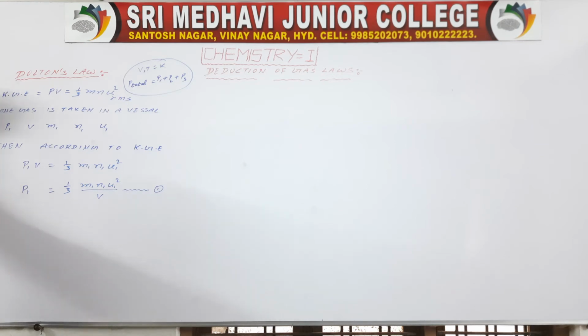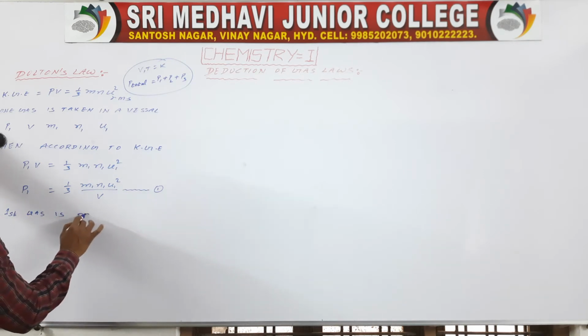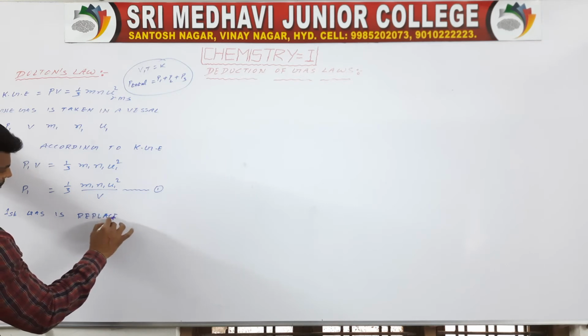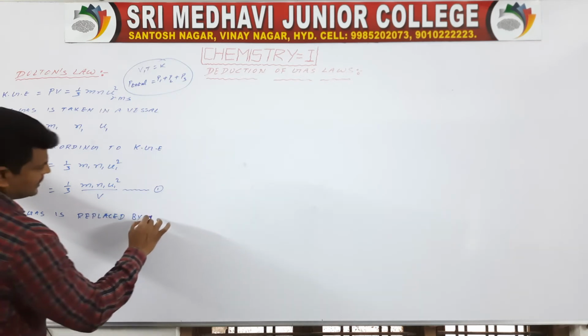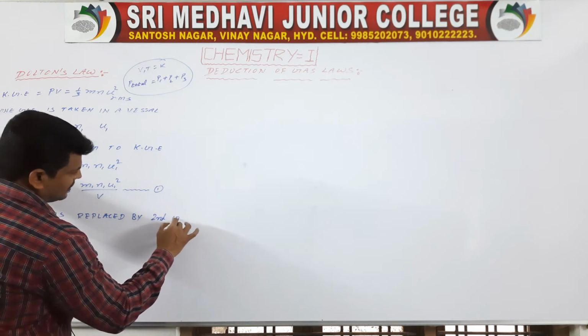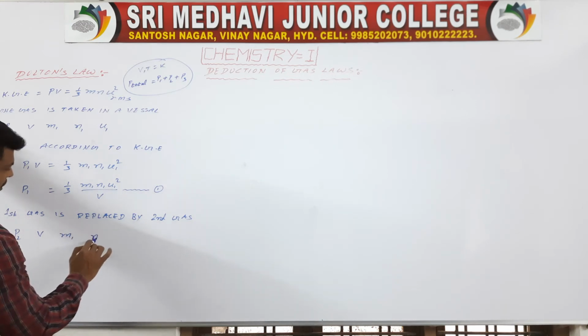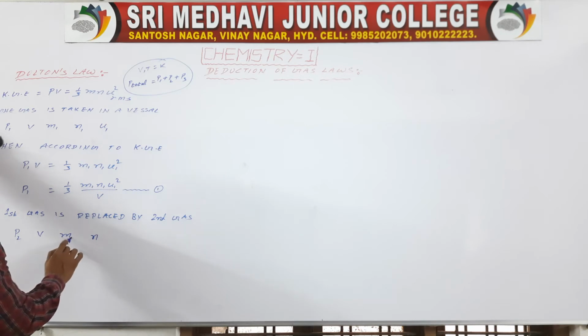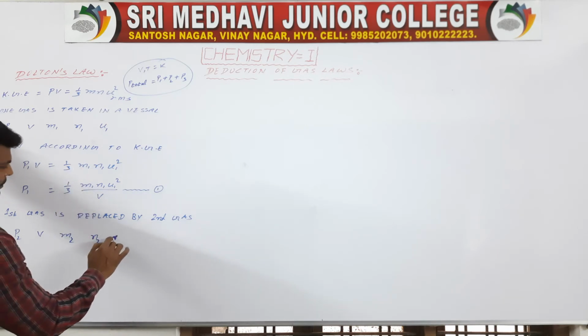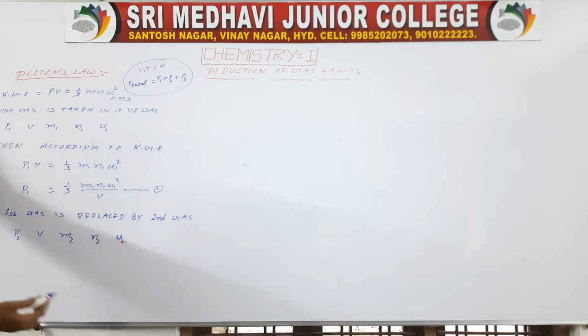Then this first gas is replaced by a second gas, which has pressure P2, volume V, mass of one molecule m2, number of molecules n2, and u2 is the speed of the molecules.